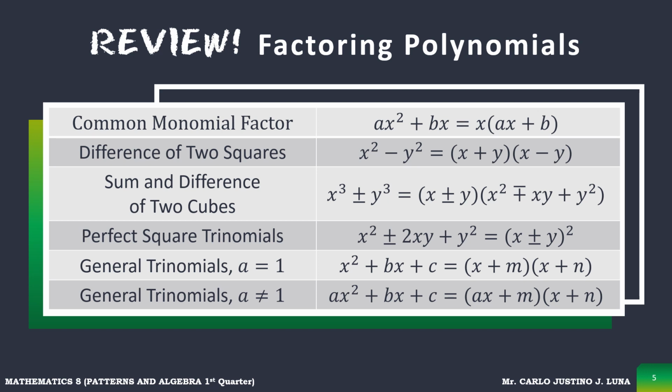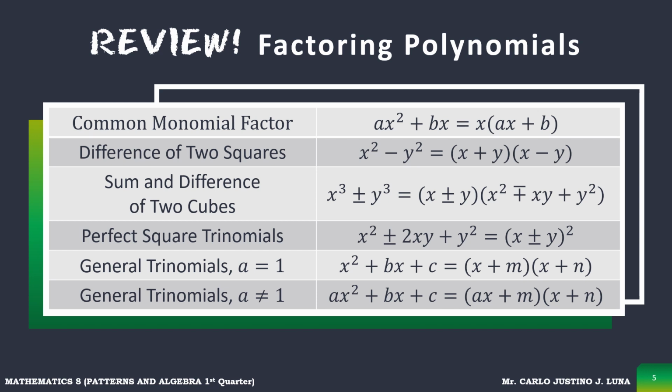By dividing the polynomial by the CMF. So we now have ax squared divided by x, that is ax. And then we have bx divided by x, that is b. So that is how you factor common monomial factor.